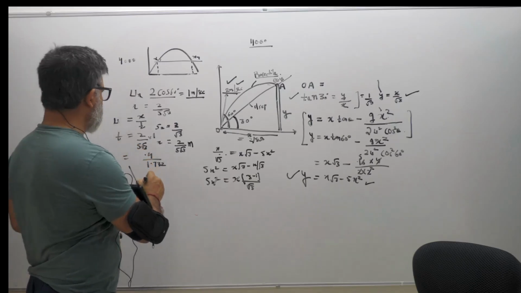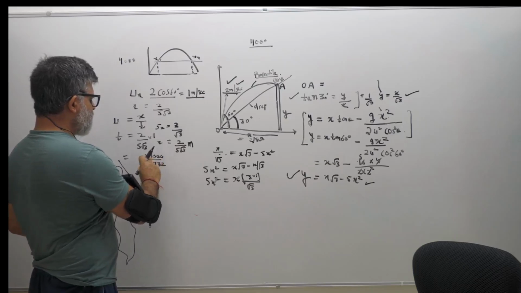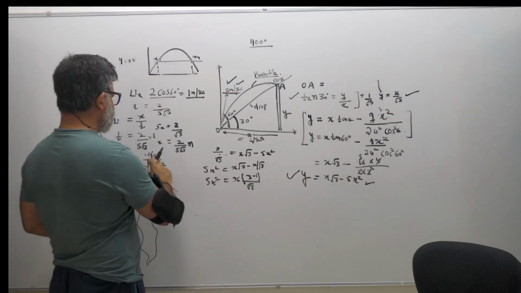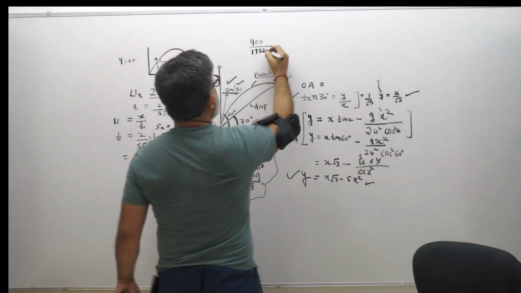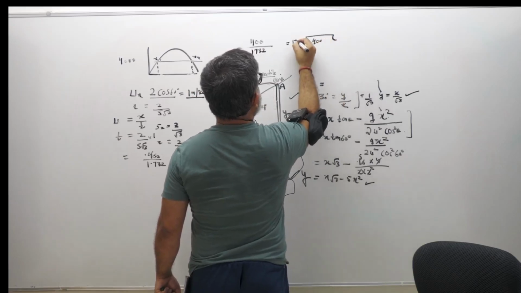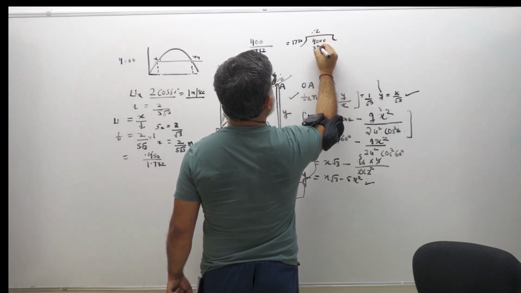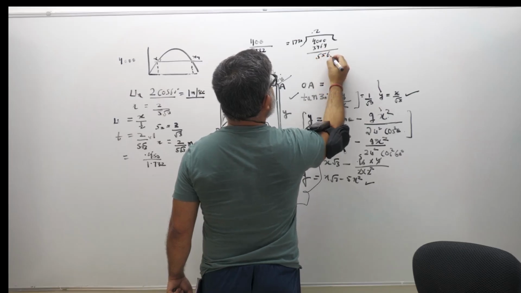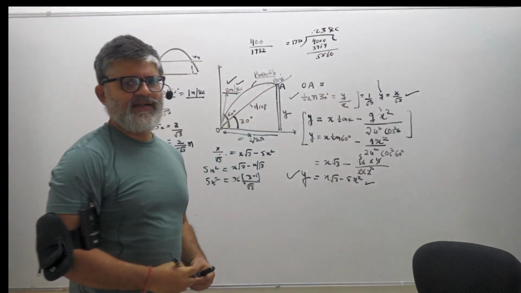So 0.4000, and I'm getting three decimals here, so 400 divided by 1732. This will become 0.2, then 3464, then 65560, and this is roughly 3. So your answer is 0.23 second, right?